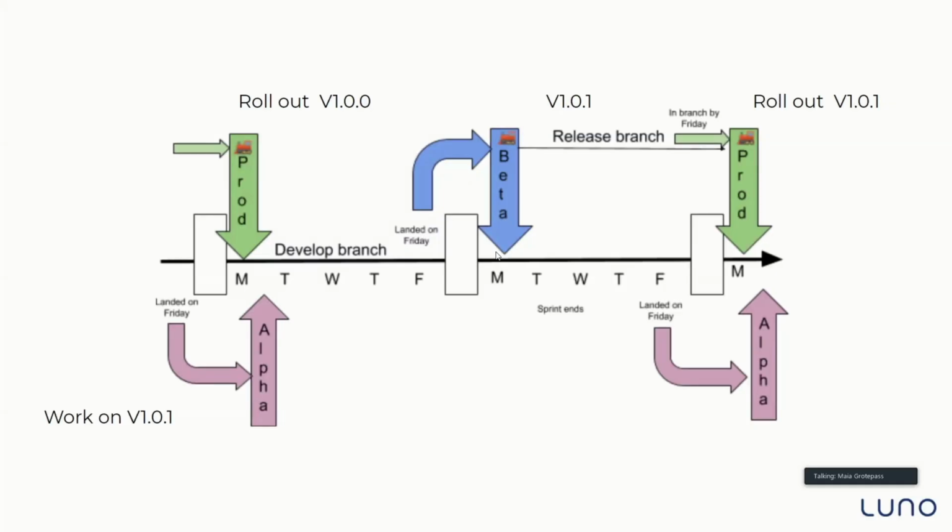By the end of that week, whatever's landed can make it into our beta version, which gets released publicly on that Monday again. So at that point, version 1.0.1 is out in beta. And then we usually cut a release branch and have a look at the stability. Then by the next Monday, we roll out our next production version. We're rolling out version 1.0.1, and then the whole process starts again.